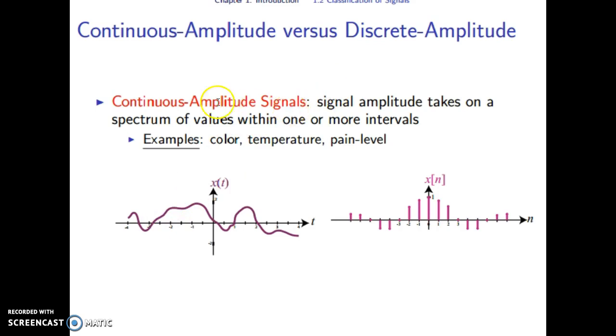Such signals we call continuous amplitude signals, where the signal amplitude takes on a spectrum of values within one or more intervals. For example, color, temperature, pain level, everything is an example of a continuous amplitude signal.